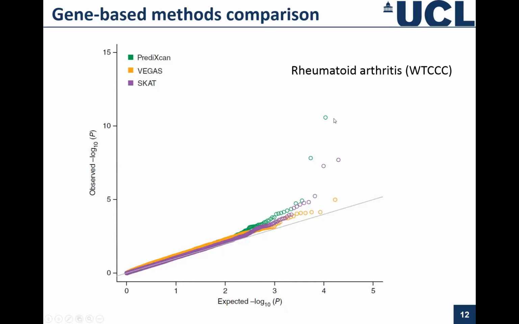And you can see that PredictXcan tends to generate lower p-values.